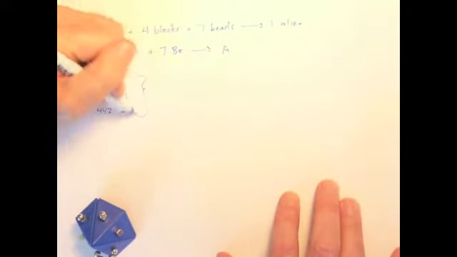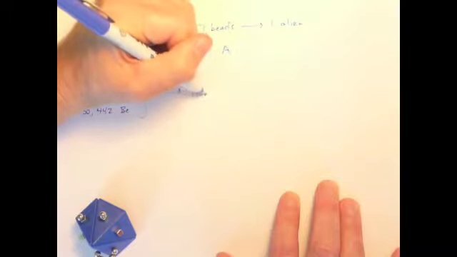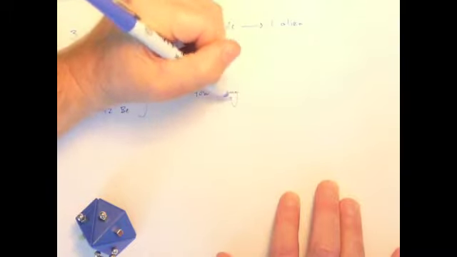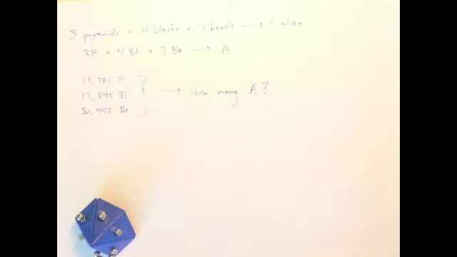And the question, of course, is, from these supplies, how many aliens can we make? And that really is a limiting reagent question, because we can figure out how many of the aliens we can make from each of these, and then figure out which one is limiting, and that gives us our answer. So let's go ahead and do that.